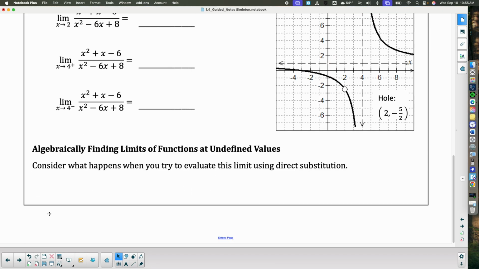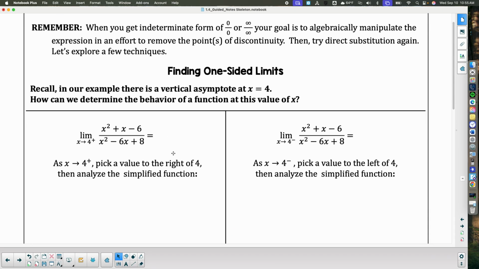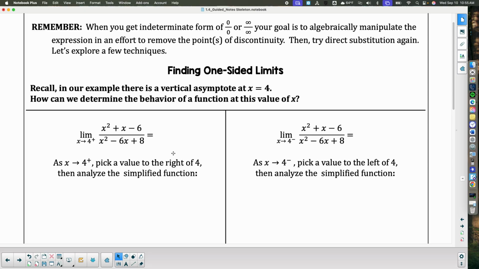No, that's from a graph. I know we had the one-sided limits. I kind of feel like I want to do the one-sided limits tomorrow, though. So I thought we would probably be better off practicing the different techniques you haven't learned yet first.